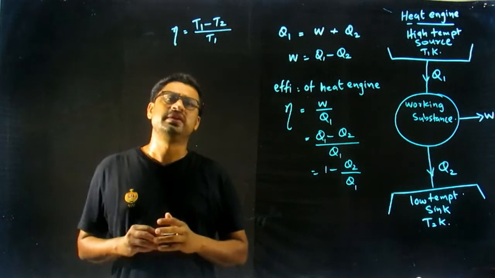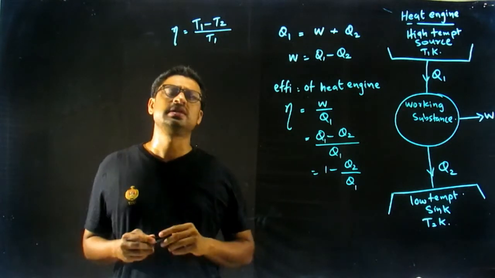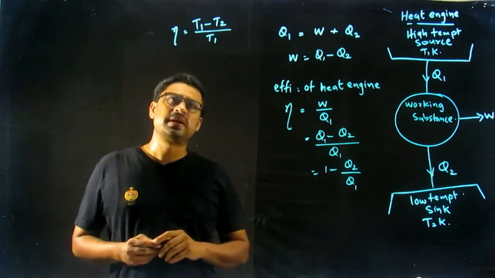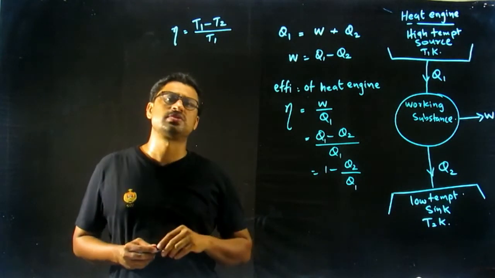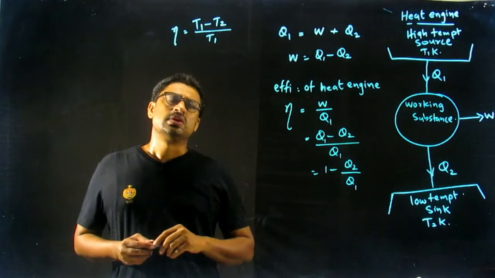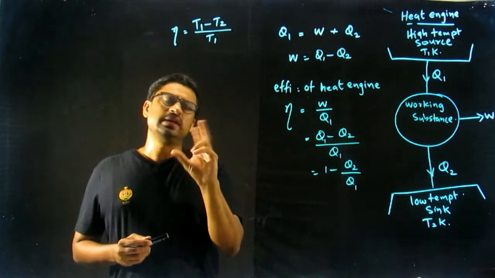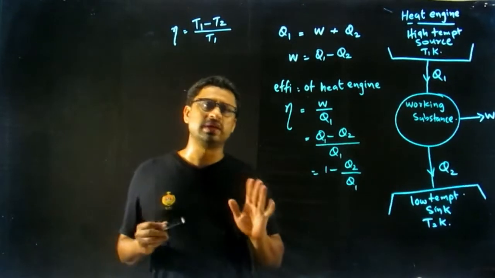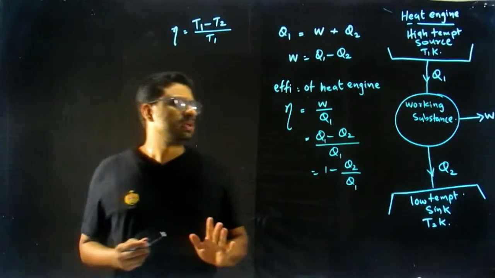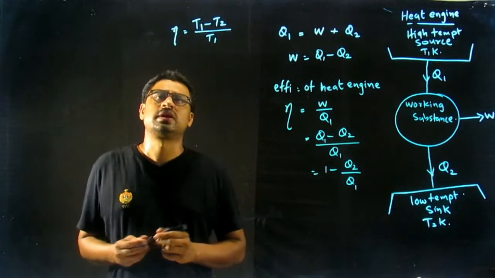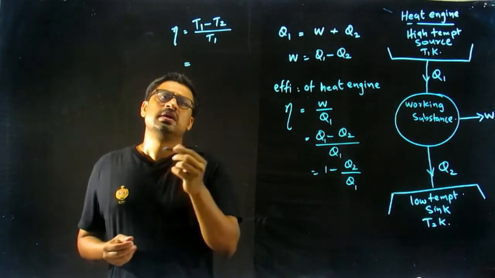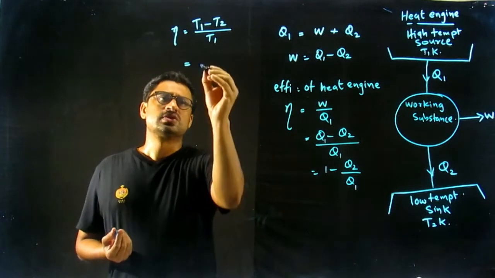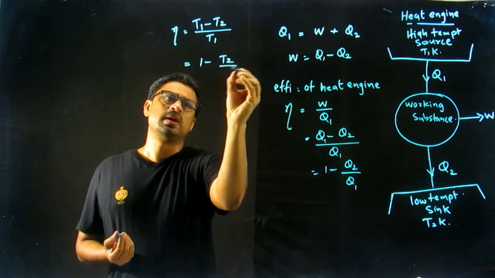For now, just accept that there is an equation for efficiency, T1 minus T2 by T1, where T1 is the temperature of the source and T2 is the temperature of the sink, and definitely the temperature should be given in the Kelvin scale. It is a must that temperature is given in Kelvin scale. You cannot give any relaxation about the unit of temperature. So it can also be 1 minus T2 by T1.